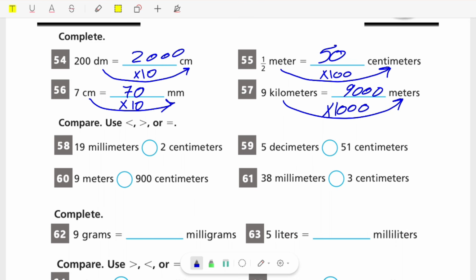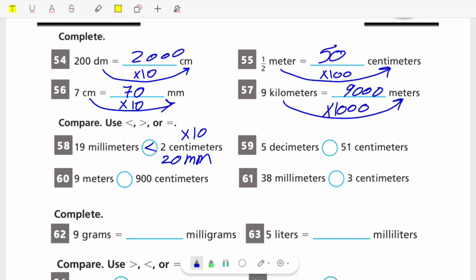The next one, let's compare. And we said before, you have to think about where the smaller unit is and don't touch it. The smaller unit here is millimeters, so keep the smaller unit the same and multiply the big unit to convert to the smaller unit. So we're going to multiply by 10, it will be 20 millimeters. So now we can compare 20 millimeters or 19 millimeters.